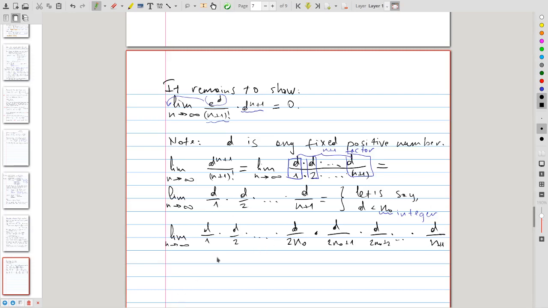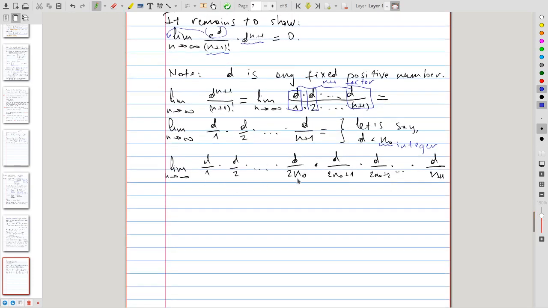Okay, what can you say about this product? Well, it contains n plus 1 fractions total. And what do we know about these fractions? Well, we have 2n0 factors here.